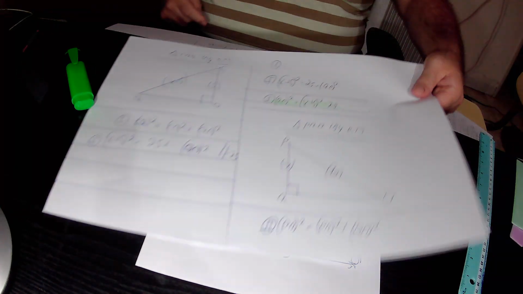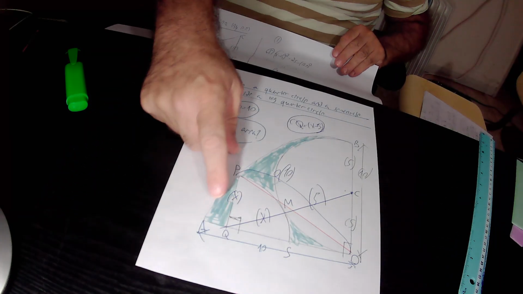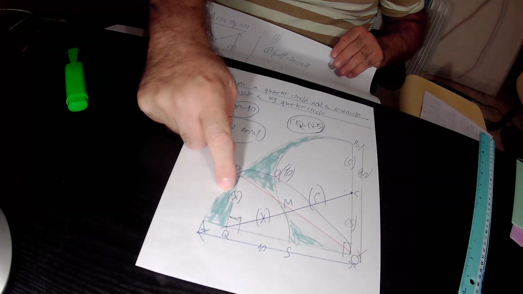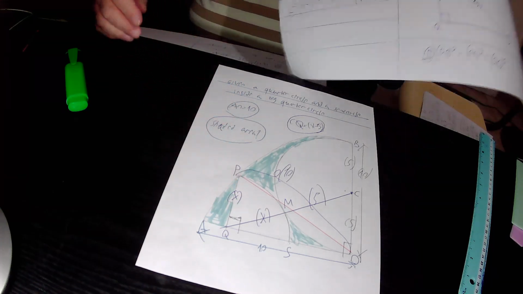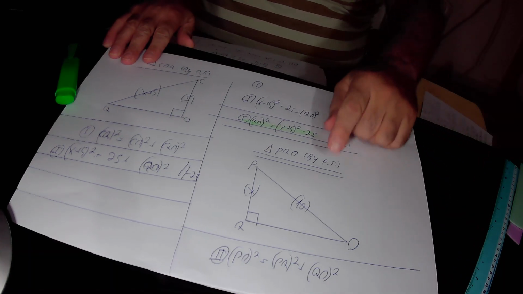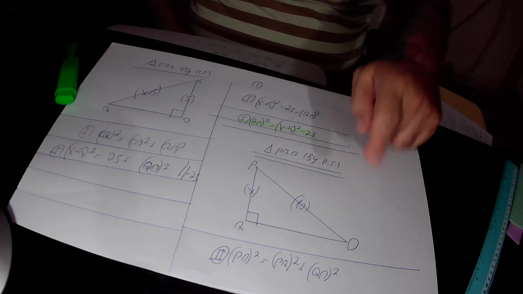So here, this is the right triangle PQO, coming from the original drawing. PQ is of course the radius of this small quarter circle, that equals x according to our definition. So in this triangle POQ, PO squared, that is the square of the hypotenuse, equals PQ squared plus QO squared.